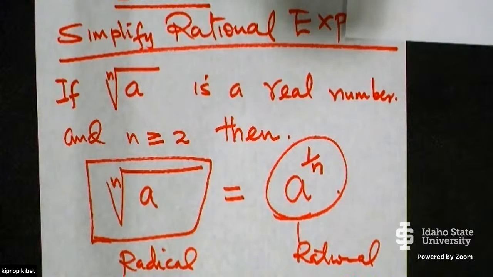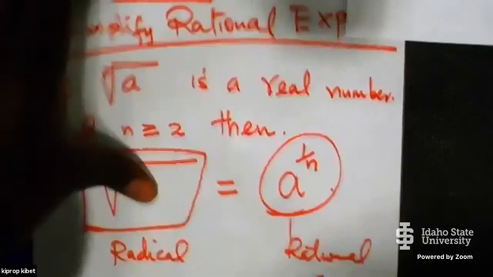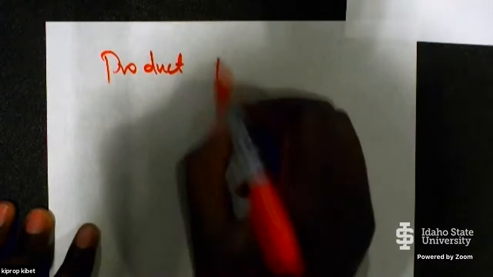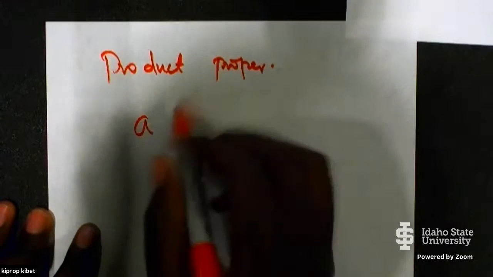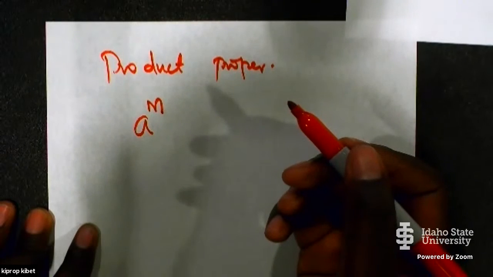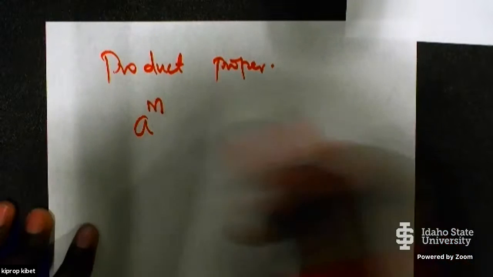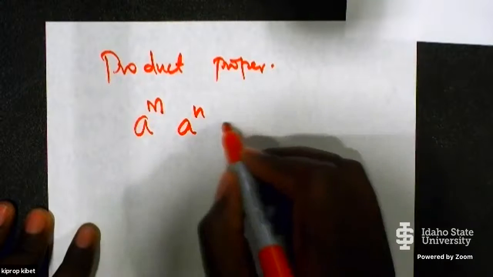So, if you remember the properties, let's say the product property, where we said A^M times A^N is similar to what?